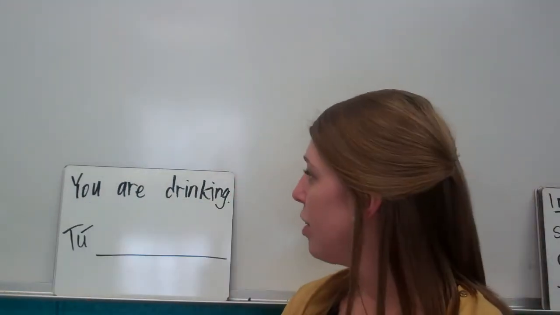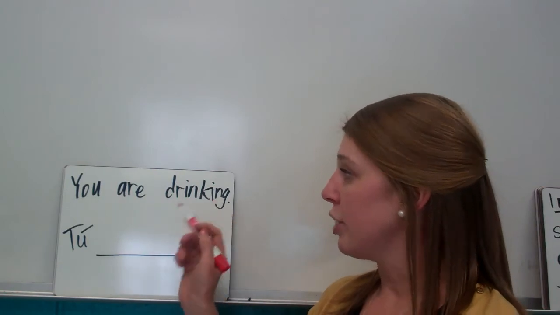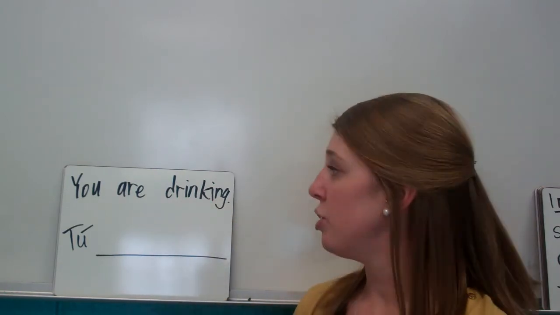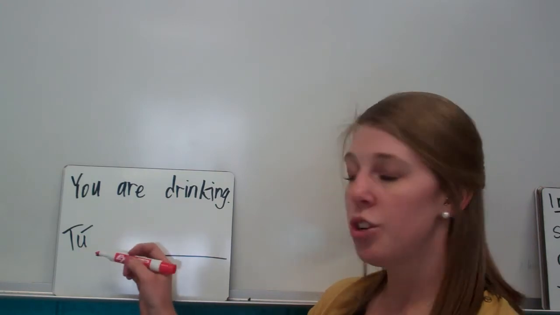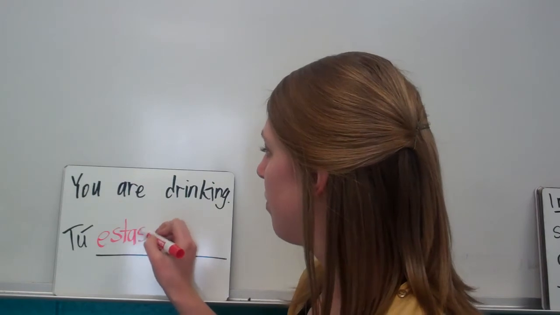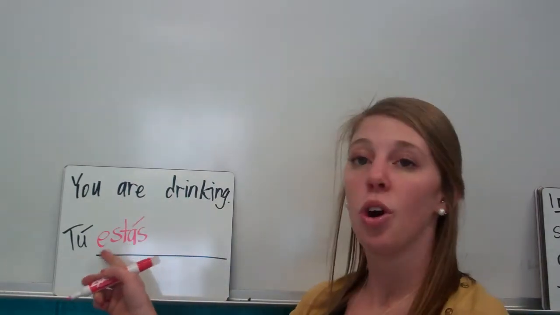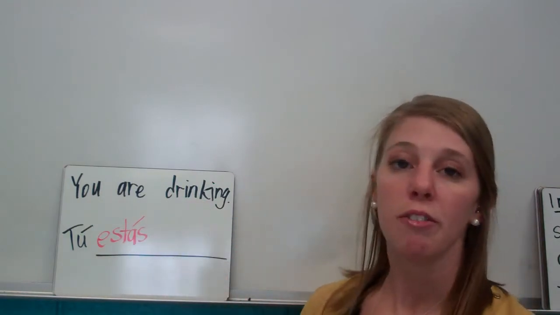Okay, we have you are drinking. So we have are drinking, 2 verbs in English, 2 verbs in Spanish as well. So the estar form of you is going to be estás. Notice that estar always goes with the subject. Now let's do drinking. It comes from the verb beber.